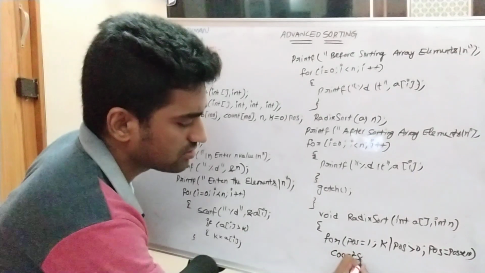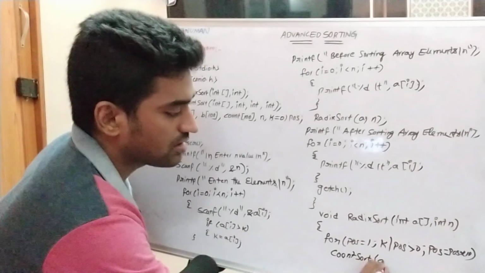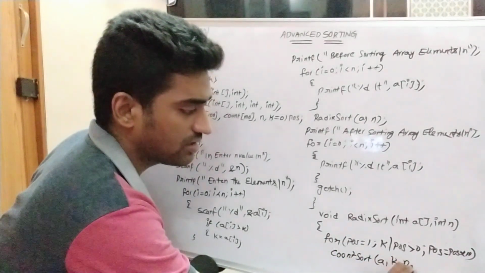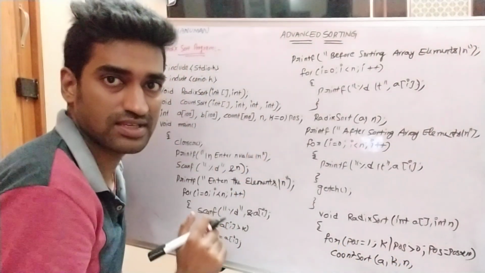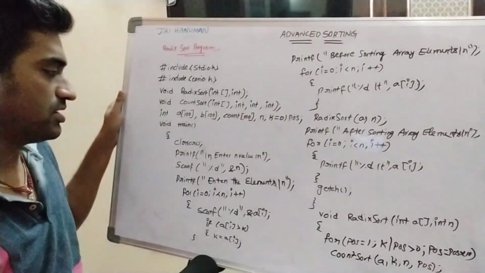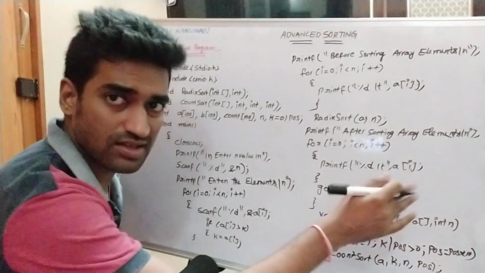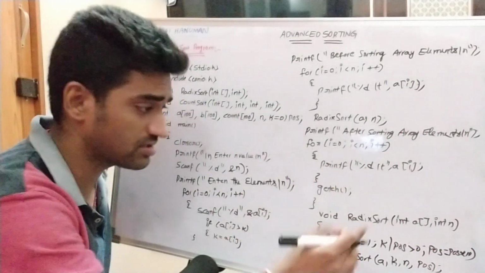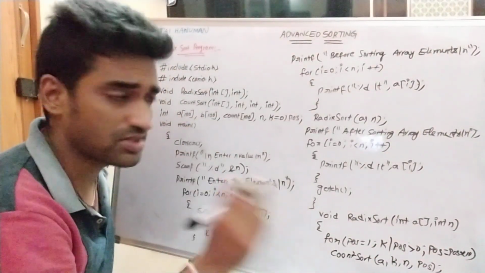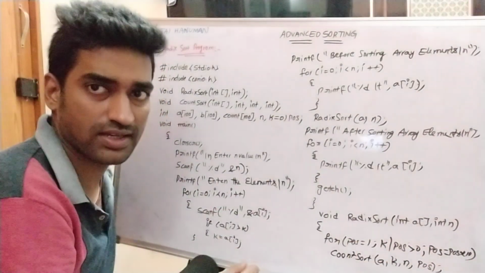So count sort contains array A, k, n, position. So there are 4 arguments, right? k comma n comma position. For the ones position, until the number of digits that exist, we call the count sort mechanism. Suppose the array contains 4-digit elements, we call up to the 1000 position and execute the count sort mechanism, right?